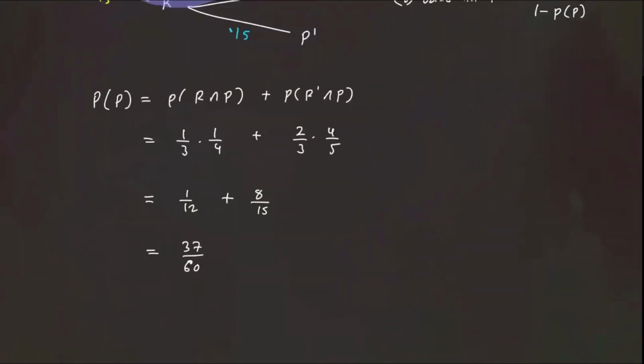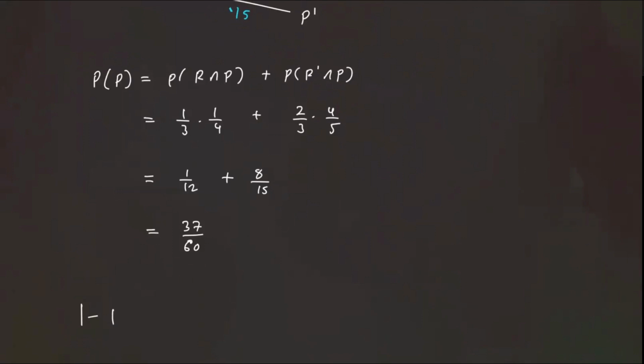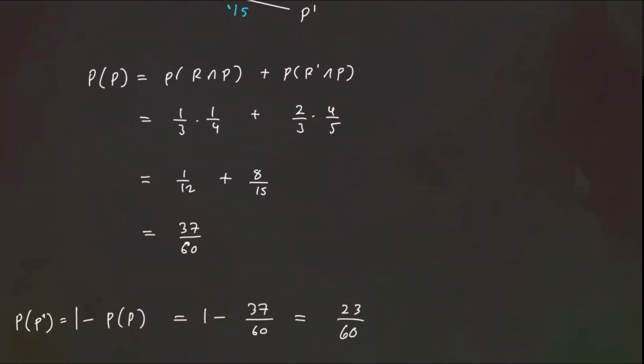Now, what's the probability of the complement? The probability of P complement is 1 minus P, which will be 1 minus 37/60. If I do the subtraction, this will give me 23/60. All right, now we're ready to set down our odds.